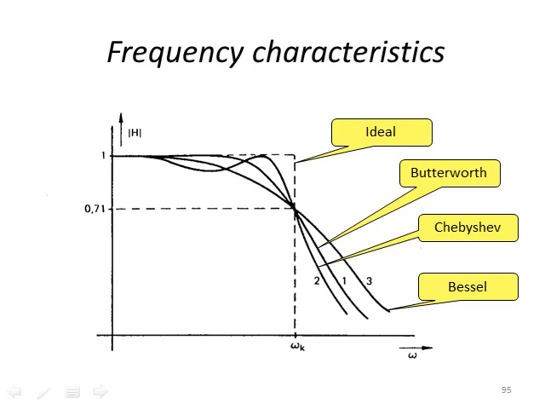So for frequency characteristics, ideal for a low pass filter would be the dotted line, and then the 3 dB point. You can see number 3, which is the Bessel.